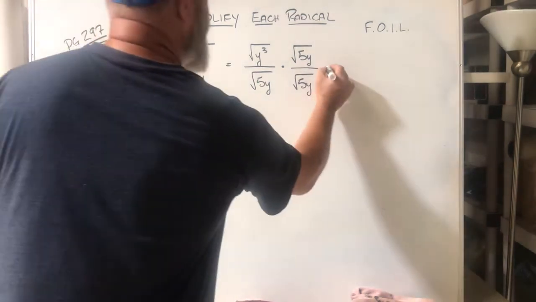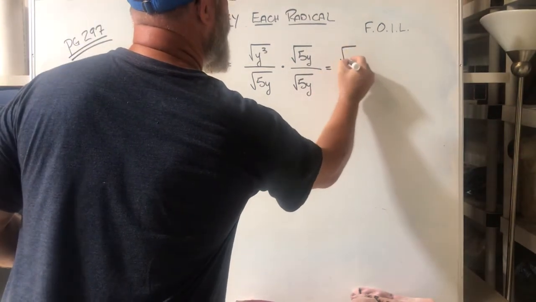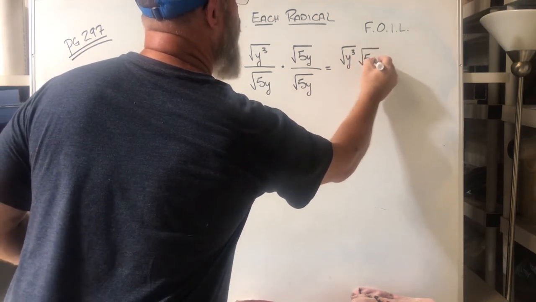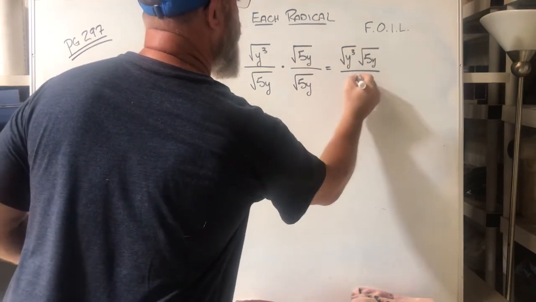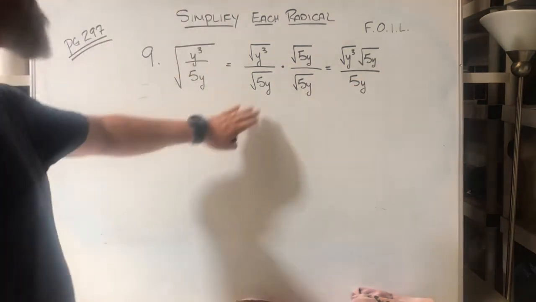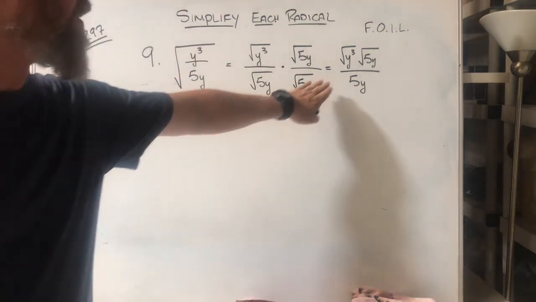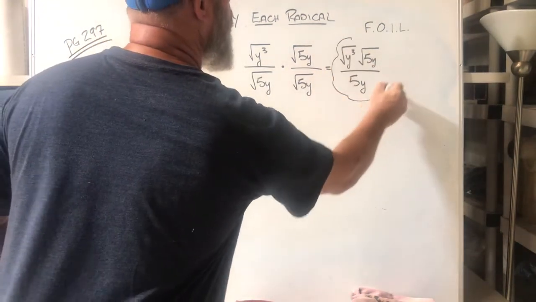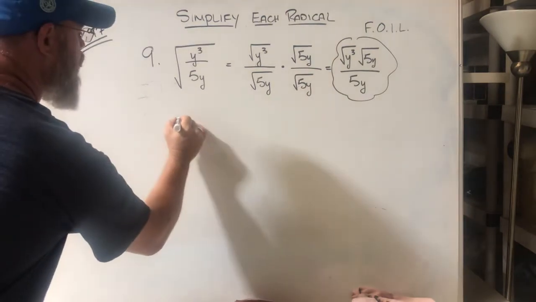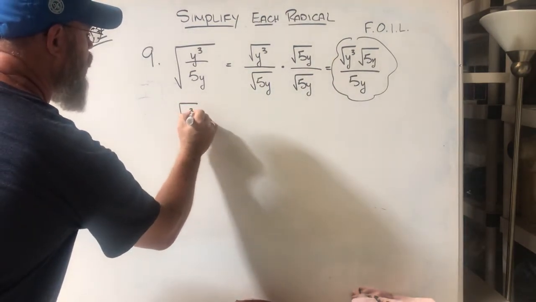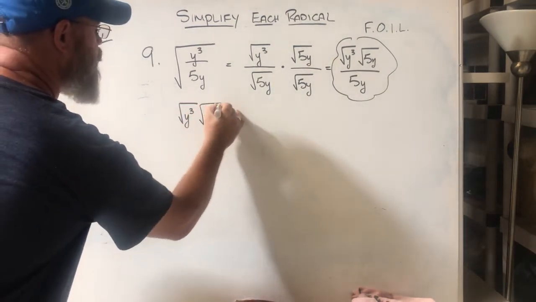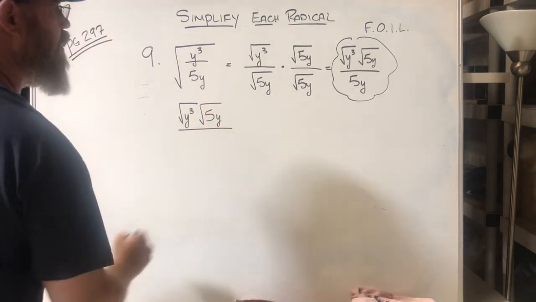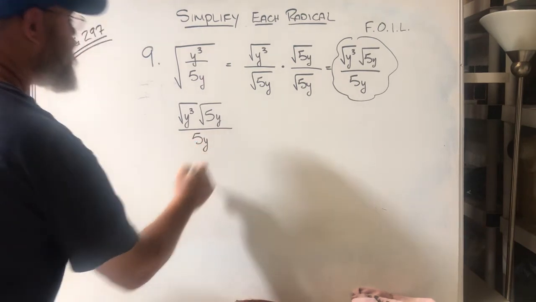So if we multiply that, what we get is the square root of y cubed times the square root of 5y all over 5y, because the square root of 5y times the square root of 5y equals 5y. All right? Now I'm going to rewrite this over here. So now I've got the square root of y cubed times the square root of 5y, and that is all over 5y.